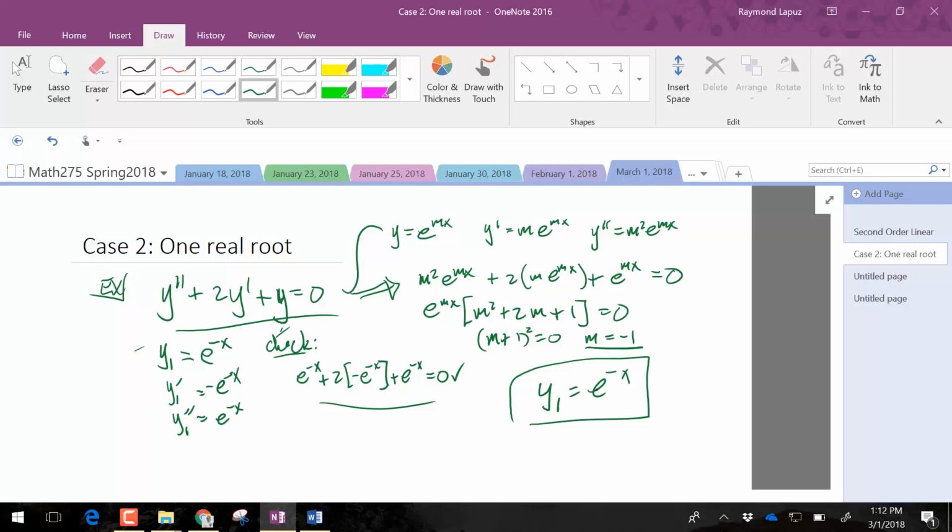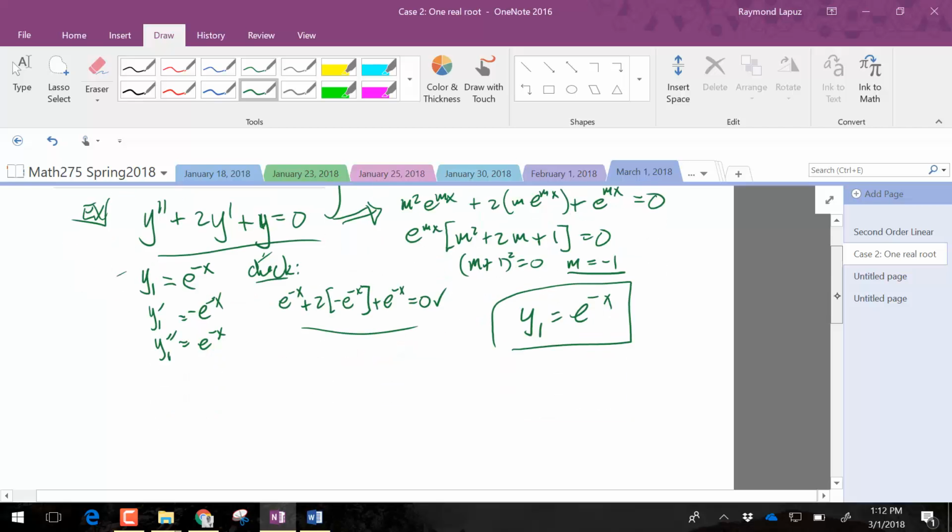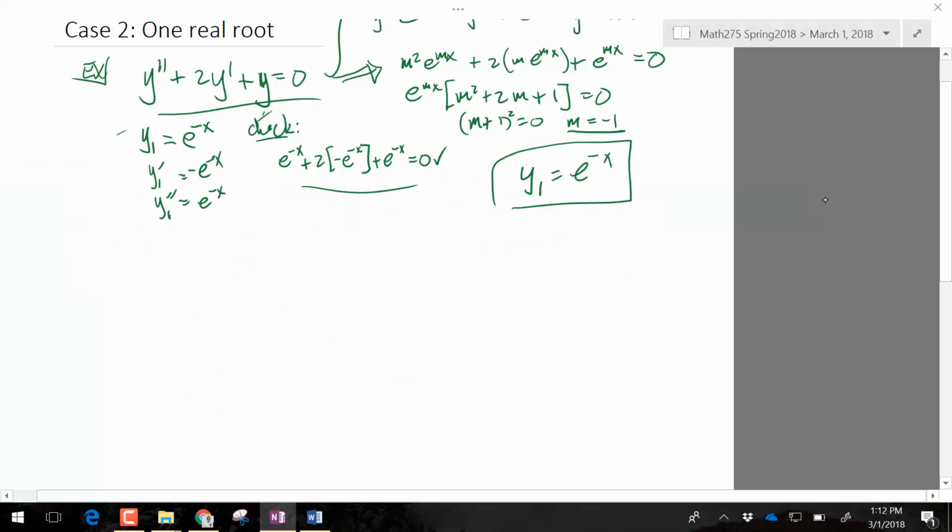Is this the very same problem? Okay. All right, so we would go ahead and use the reduction of order formula. We're not going to do that. So your second solution is this. Why? Because somebody did the reduction of order formula.